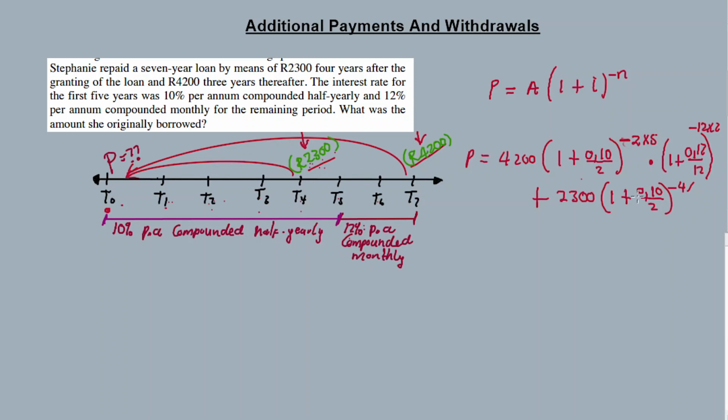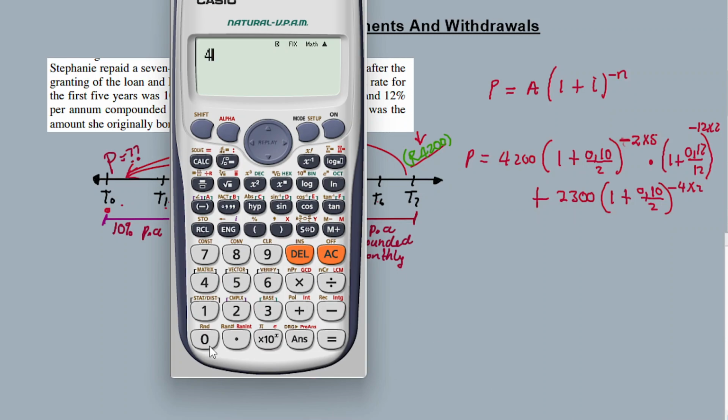So P equals 4,200, 1 plus 0.10 divided by 2, negative 2 as exponent, negative 2 times 5, open bracket, 1 plus 0.12 divided by 12 raised to exponent negative 12 times 2, plus 2,300, open bracket, 1 plus 0.10 divided by 2, everything raised to exponent negative 4 times 2.